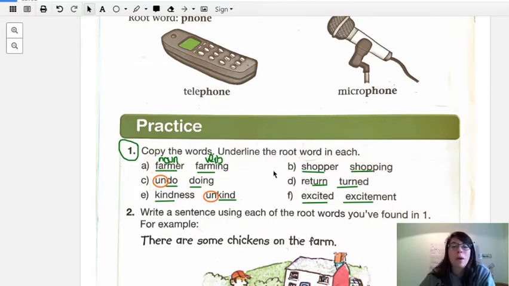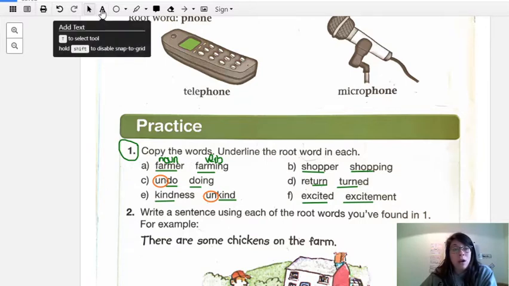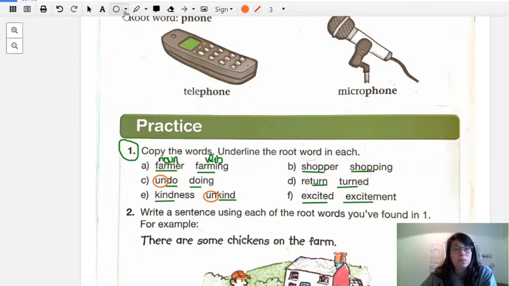Okay? Alright. Let's go to the column on the right. Shopper is a person, just like the noun that I had shown you before in farmer. Shopper is a person, so that's a noun, and shopping is an action that you do. You go shopping. So it's a verb. Alright, let's wait for that B to show. There you go. Okay.